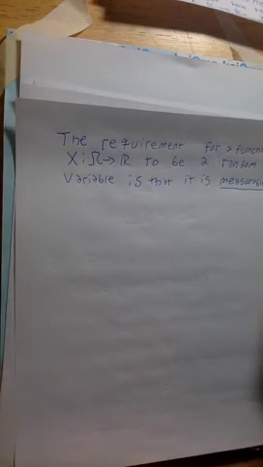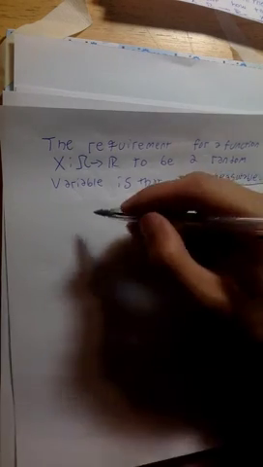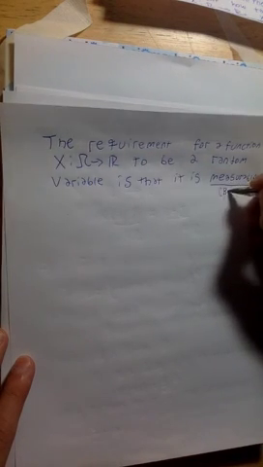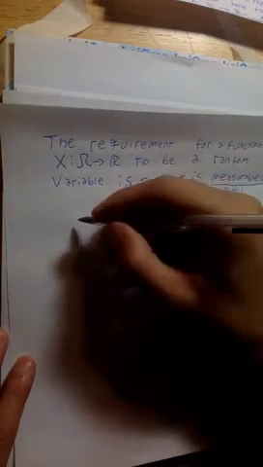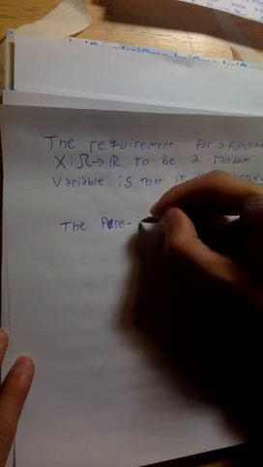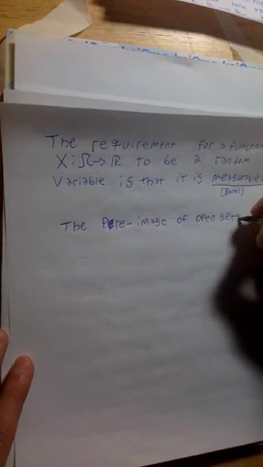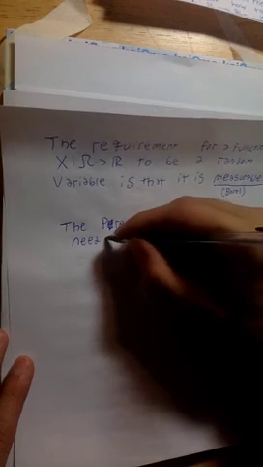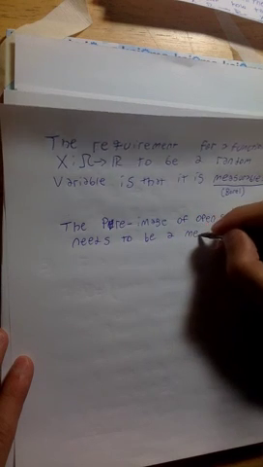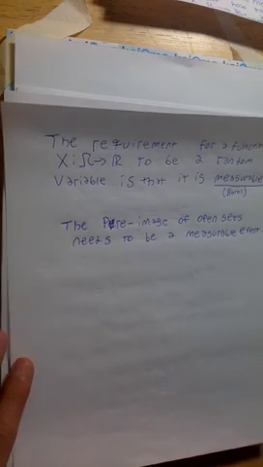This is a concept that usually you see later on in real variables or something like this. So the idea is that the pre-image, and in this case it would be what's called Borel measurable, the pre-image of open sets needs to be a measurable event.